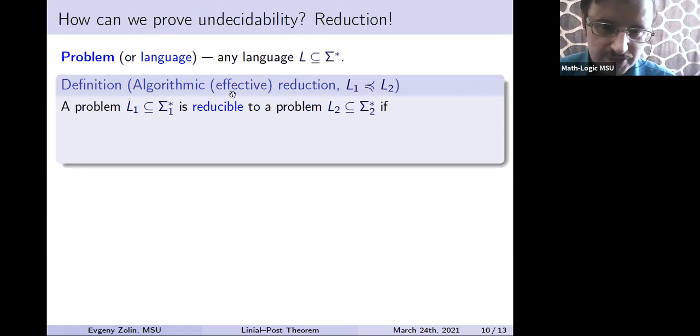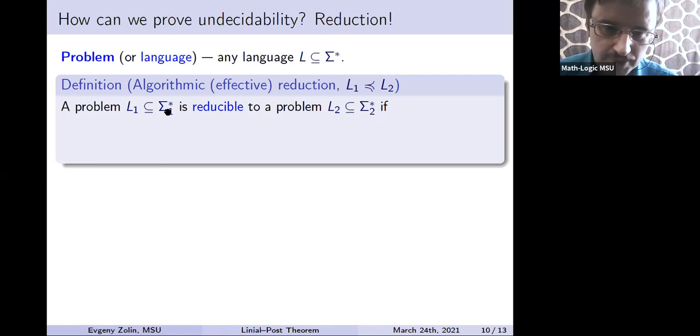So an algorithmic or an effective reduction of one problem to another problem. We use this symbol. So one problem, L1, in one alphabet, is reducible to another problem, possibly in a different alphabet. The alphabets do not need to be the same.